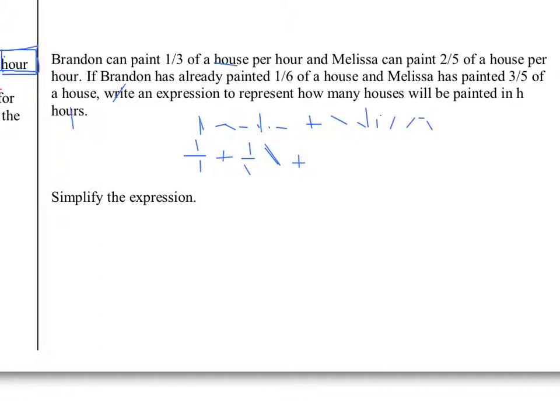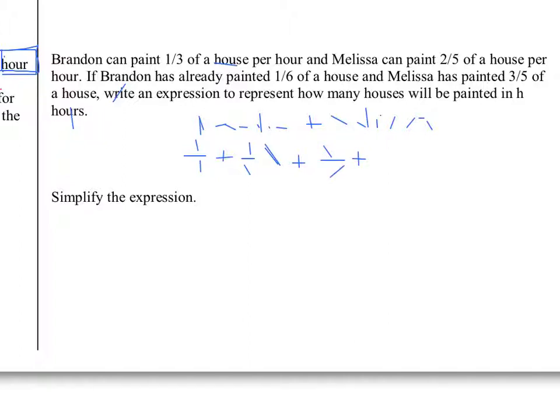Now we need to talk about Melissa. Melissa has already painted some amount of houses. She's already added some amount of houses to their total. Edgar, how much has Melissa already added to the total? 3/5. That's what she's already added.